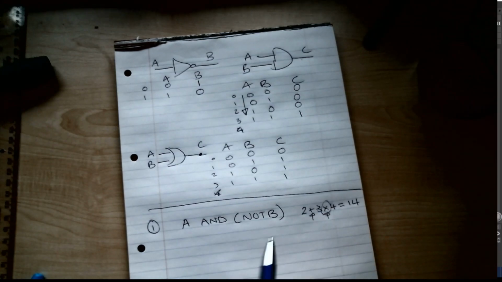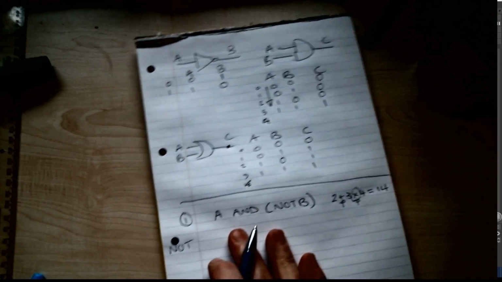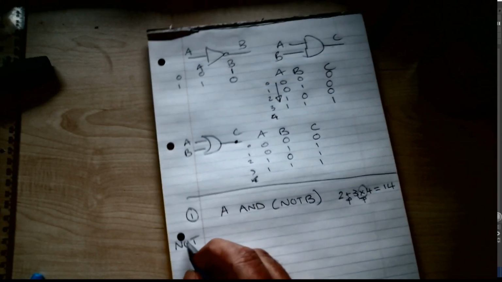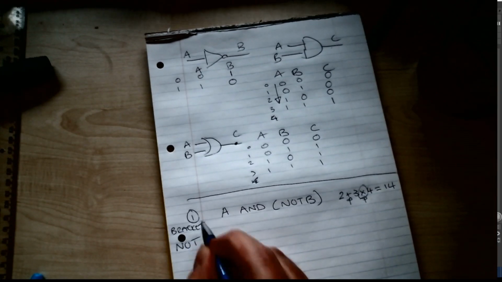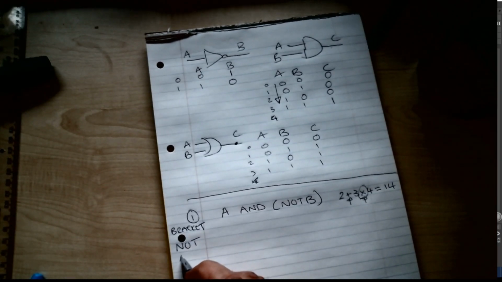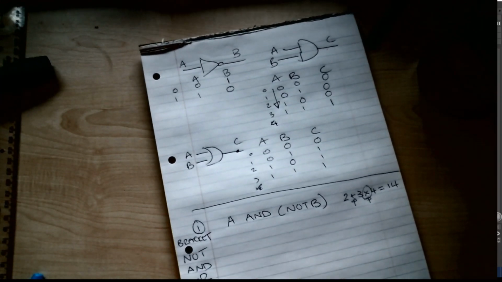Well, with logic circuits, it's brackets first, then it's NOT, then it's AND, and then it's OR. Okay, so that's the order of precedence for logical operators in these circuits.